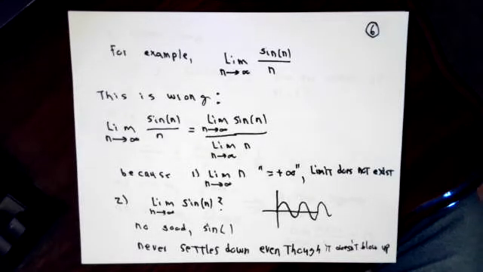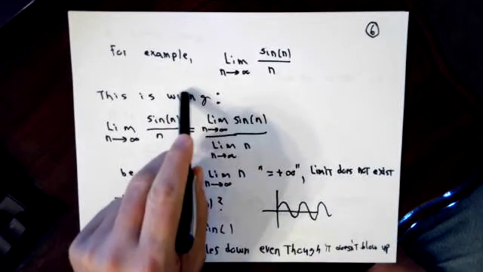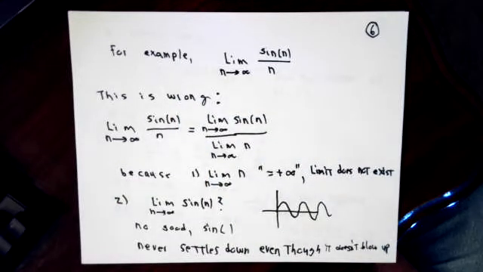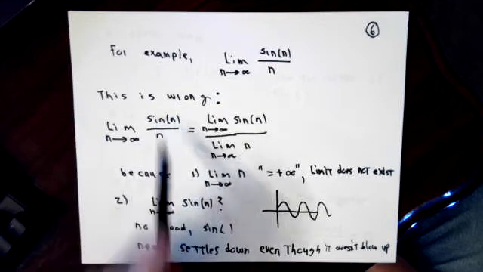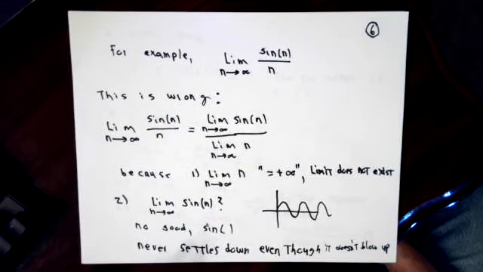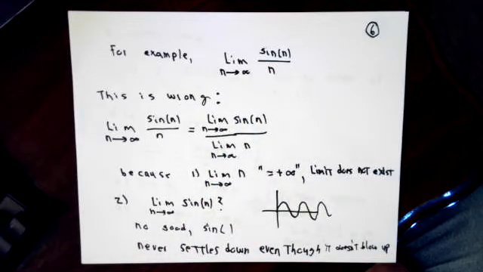As an example, I want to look at the limit as n tends to infinity of sine n over n. To start off with, let me show you what not to do. This is wrong. This is totally wrong here. You think, I've got the limit of a fraction. So what I'll do is, I'll take the limit of the top divided by the limit of the bottom.